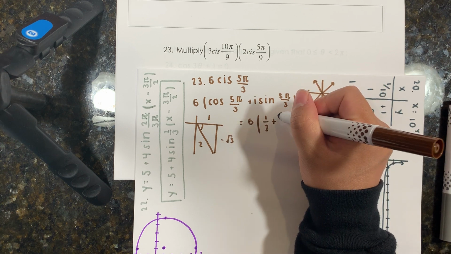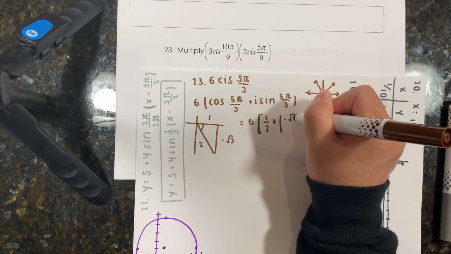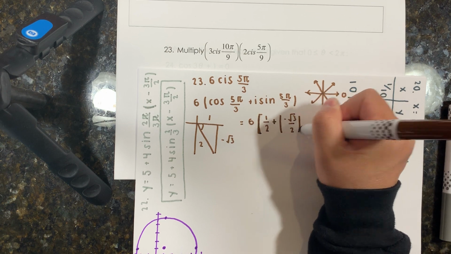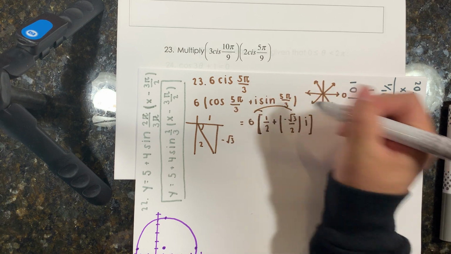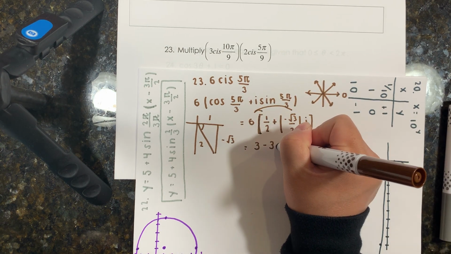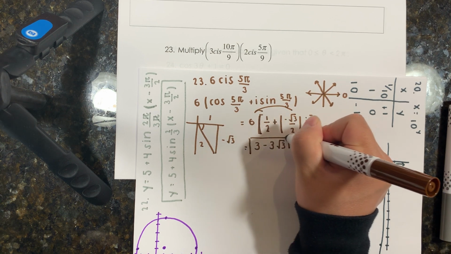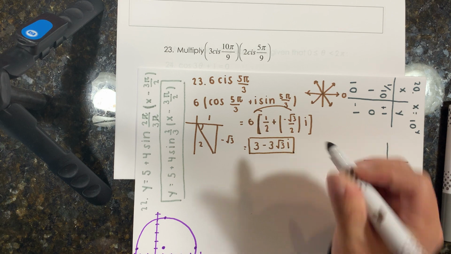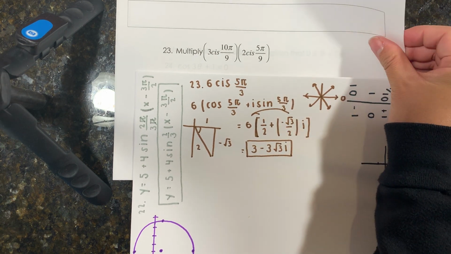Sine is going to be opposite over hypotenuse, which would be negative root 3 over 2. Then all I have to do is distribute my 6. So I will get 3 minus 3 root 3 i. So all that was a reference triangle.